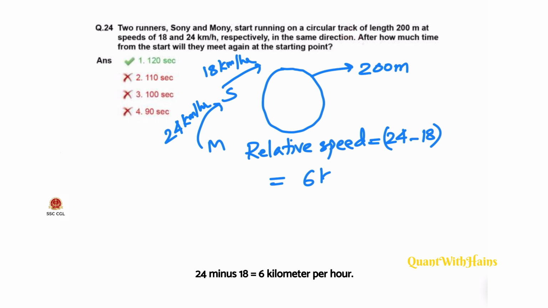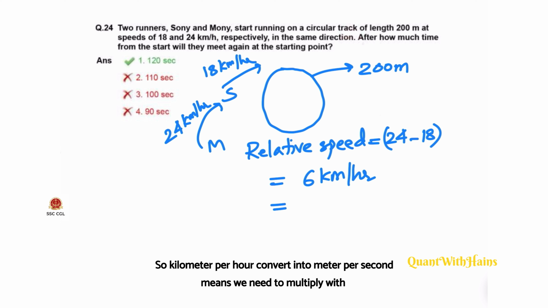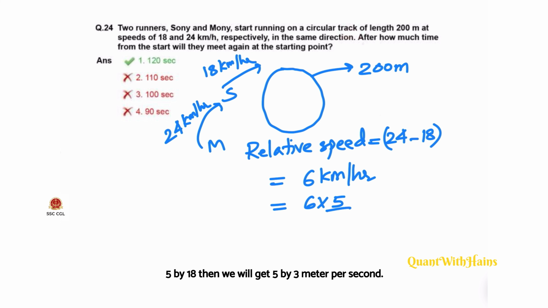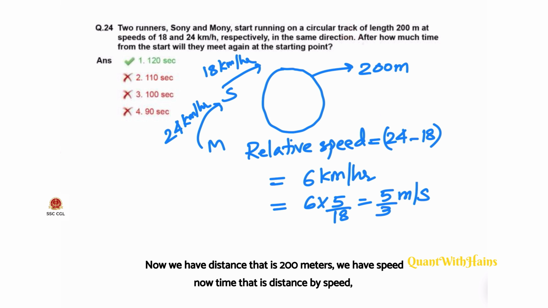6 km per hour. Here options are given in seconds, so we need to convert. So kilometer per hour convert into meter per second means we need to multiply with 5 by 18. Then we'll get 5 by 3 meter per second. Now we have distance, that is 200 meters. We have speed.